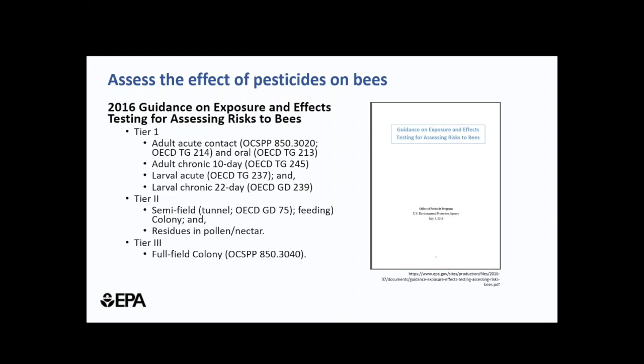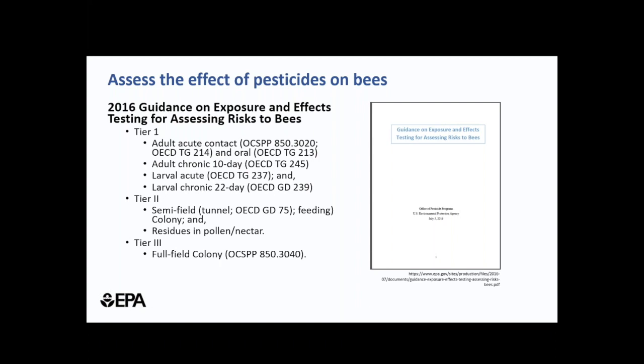While EPA has been evaluating risk to bees for over 20 years by requiring data on adult bees and, when needed, on whole bee colonies, the new data requirements address uncertainties regarding acute contact exposure to adult bees, but now include acute oral toxicity to adult bees, that's OECD Test Guideline 213, and acute toxicity to larval bees, OECD Test Guideline 237.